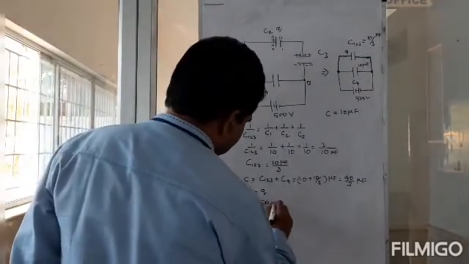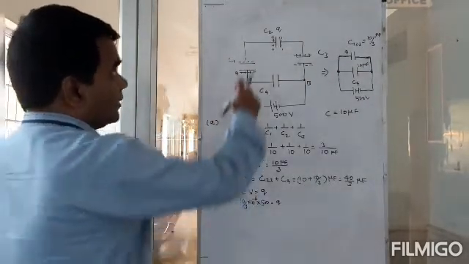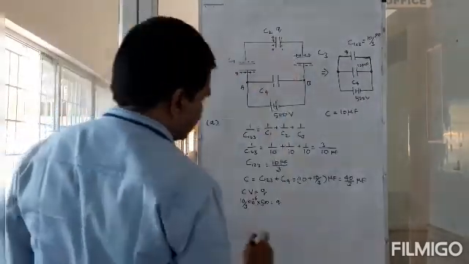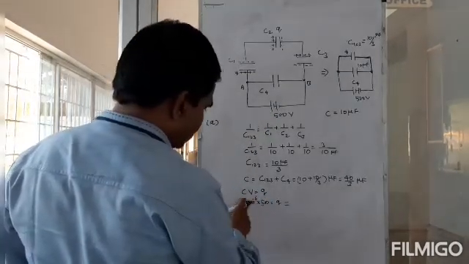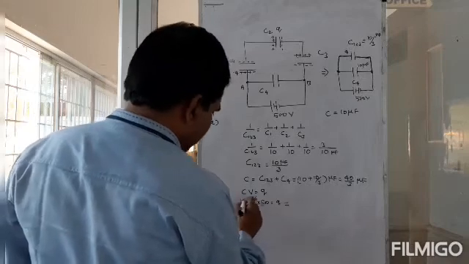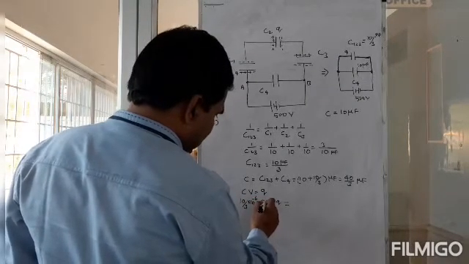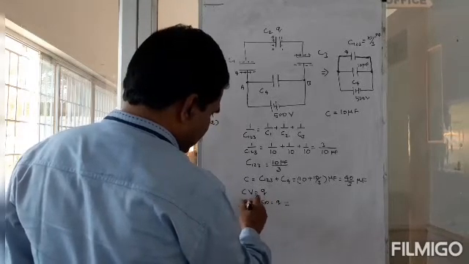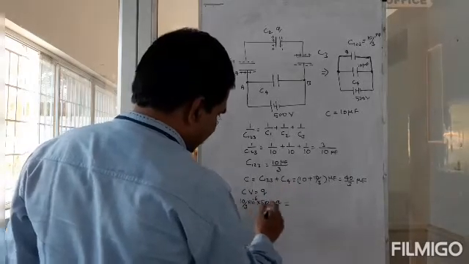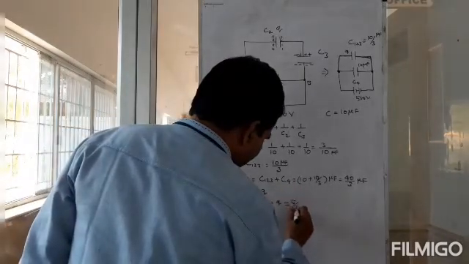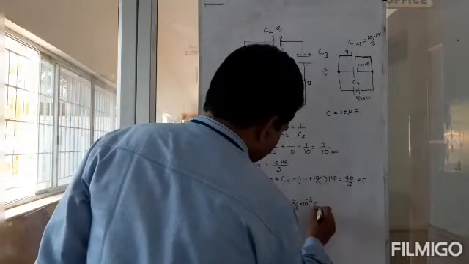So that must be equal to Q. So that gives you 10 by 3 times 500, which is 5 by 3 into 10 power 3, and with 10 power minus 6, you get 10 power minus 3. So 5 by 3 into 10 power minus 3 coulomb.